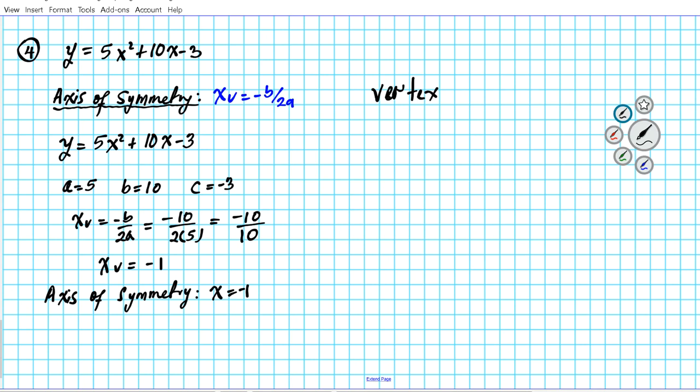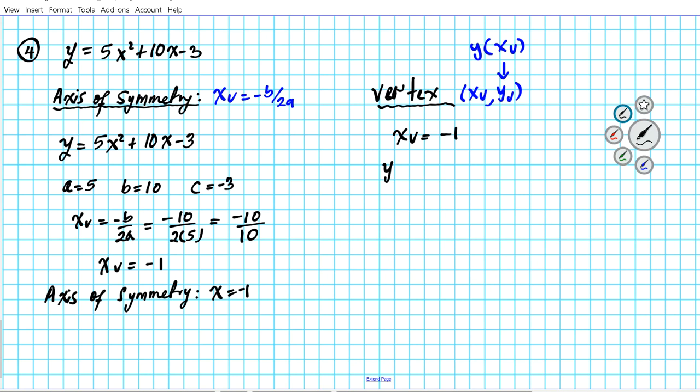The vertex of our quadratic function is the x coordinate of the vertex and the y coordinate of the vertex. The y-coordinate of the vertex is the function evaluated at the x-coordinate of the vertex. We already know what the x-coordinate of the vertex is. What is it? Well, it's -1. We don't have to do any more work.